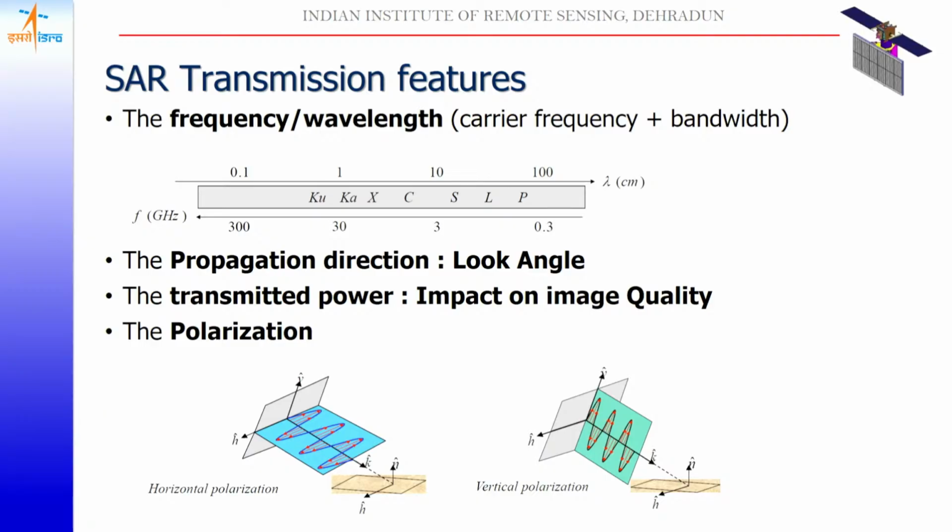If any polarization change is there, then we can deduce the orientation of the target. Any orientation of the target, whether horizontally or vertically aligned, can be easily detected if we have a dual pole or quad pole SAR antenna.